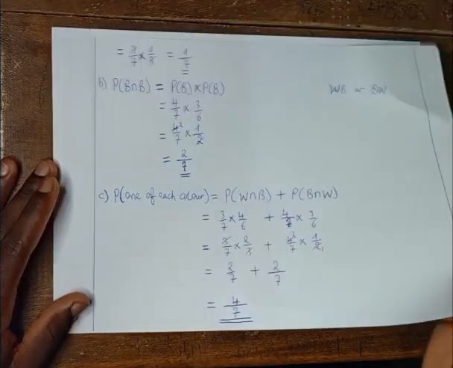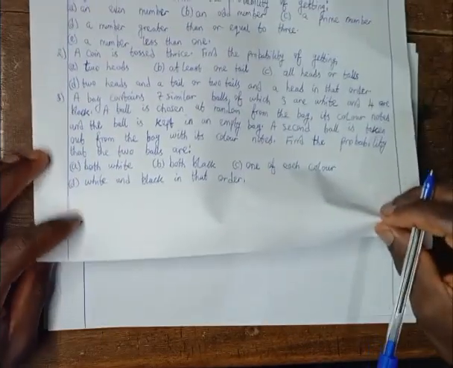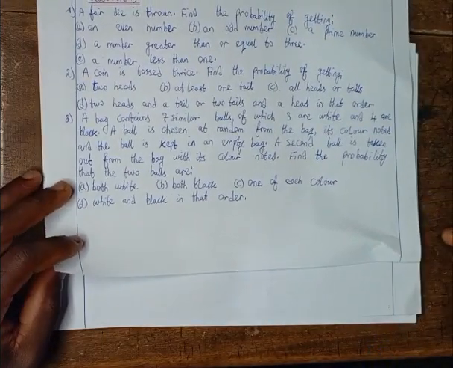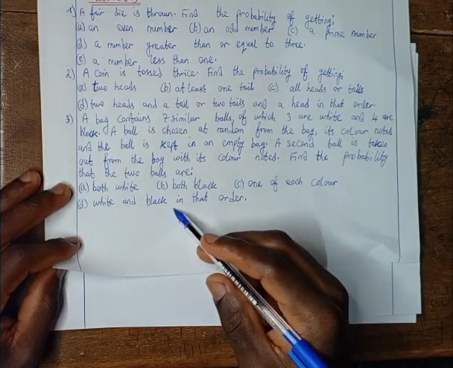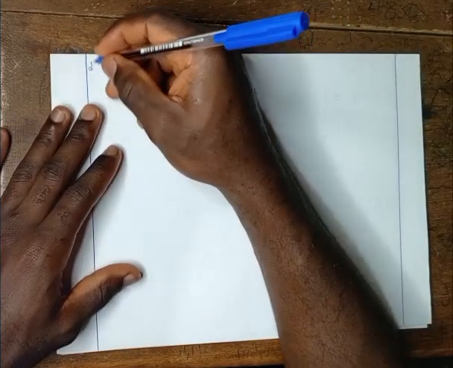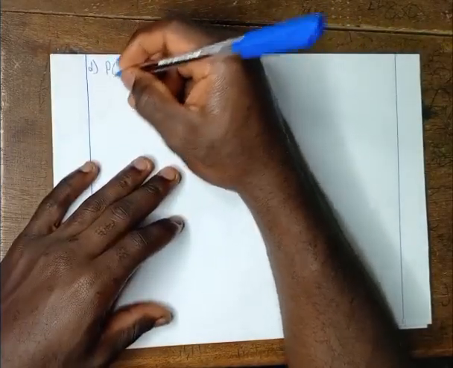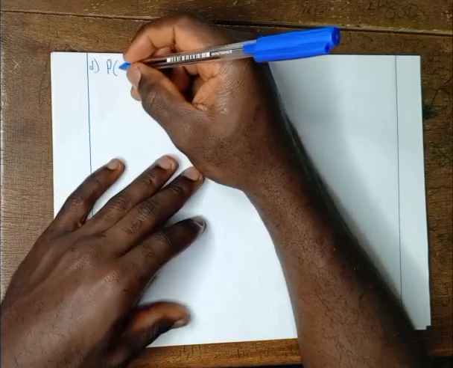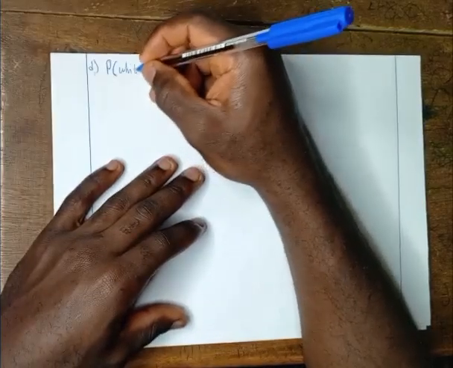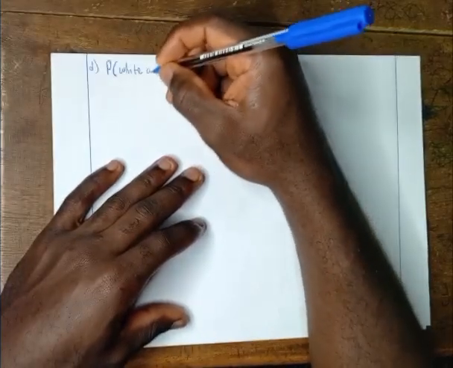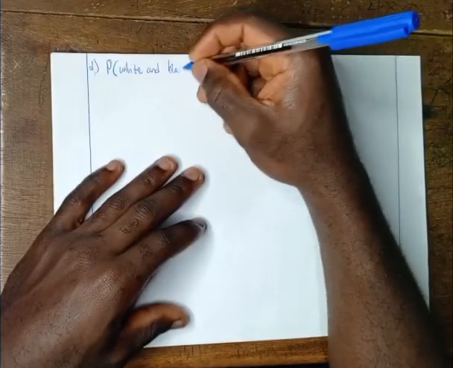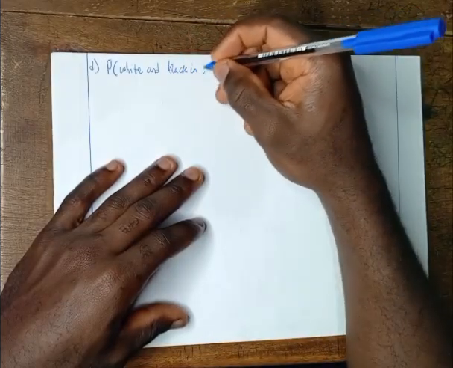Next, we have to answer question D. And question D is asking us to find the probability that the two balls are white and black in that order. White and black, in that order.